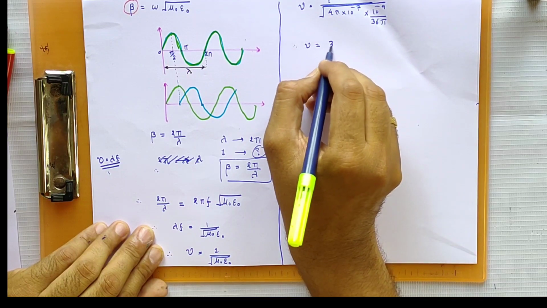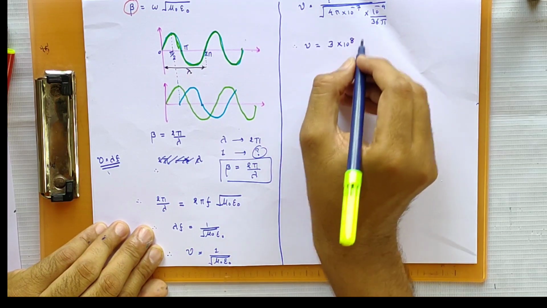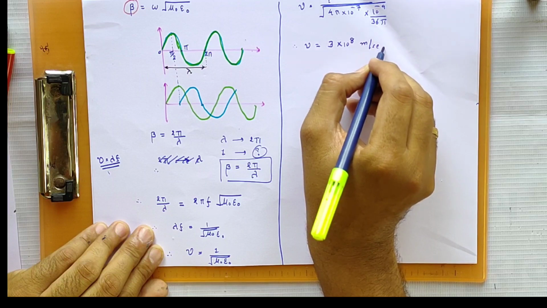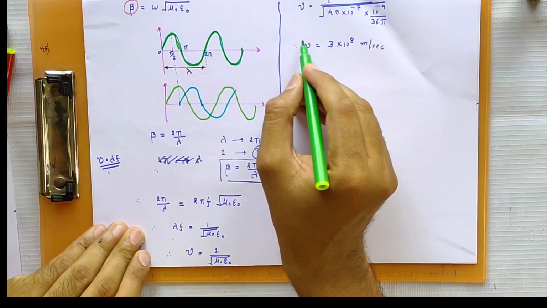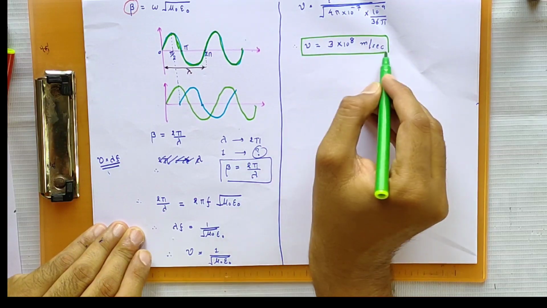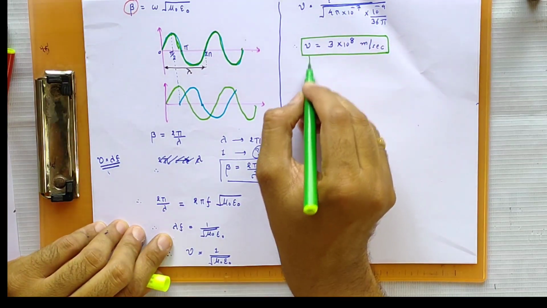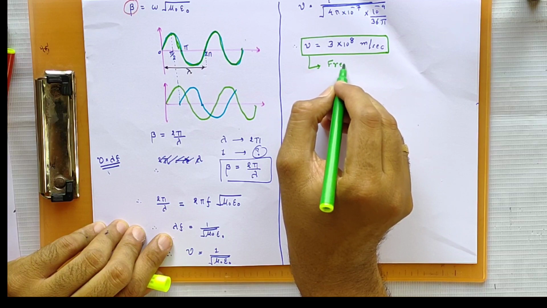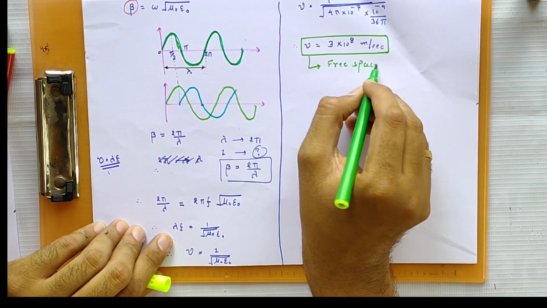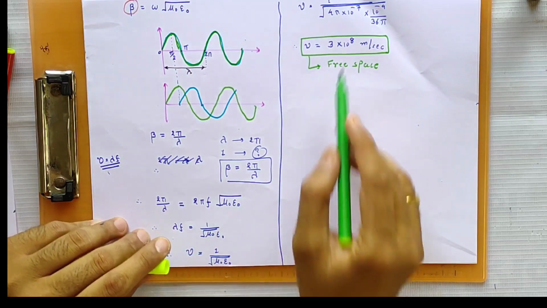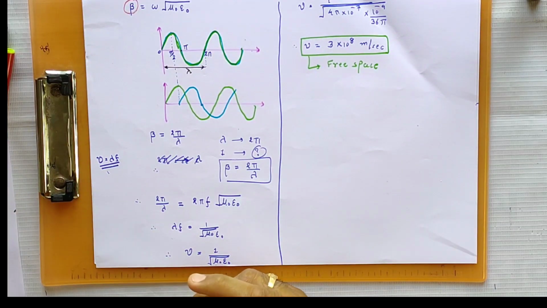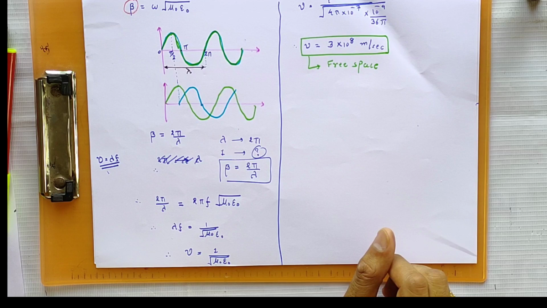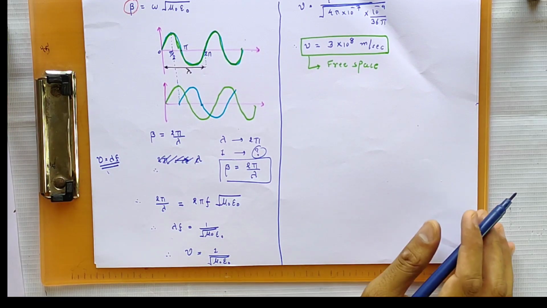You will get the answer 3 into 10 raised to 8 meters per second, the velocity of the electromagnetic wave in free space, which is the same as the velocity of light. So an electromagnetic wave propagating in free space has the same velocity as light.